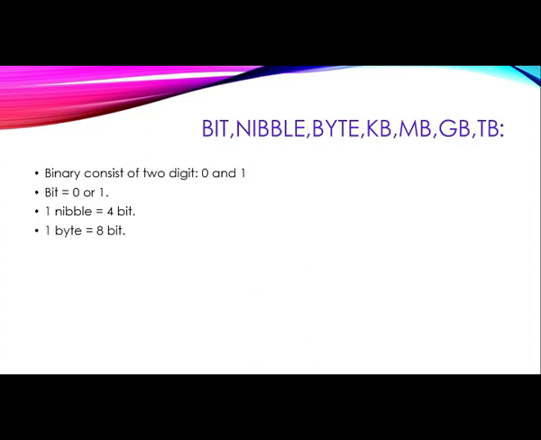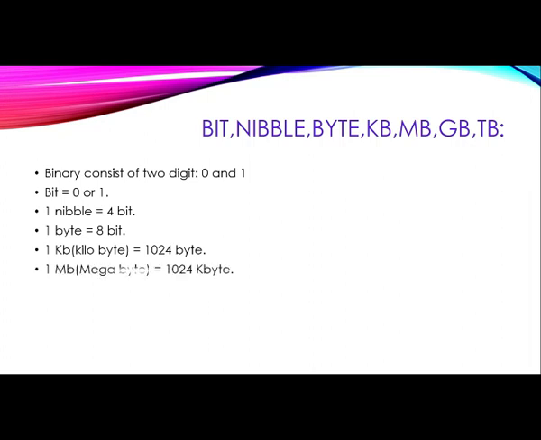If you say 1 bit, then it is either 0 or 1. Now 1 nibble is equal to 4 bits, a combination of 0 and 1 up to 4 digits. Same way, 1 byte is equal to 8 bits, a combination of 8 bits is called 1 byte.